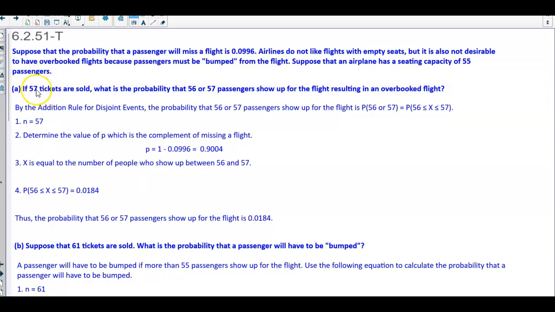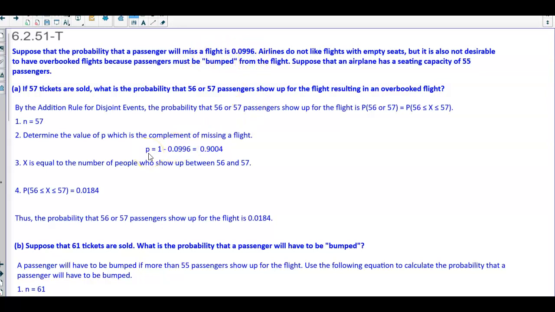Now, if 57 tickets are sold, then for step 1, n is going to equal 57. Now, we want to determine the value of p, which is the complement of missing a flight. The probability of missing a flight is 0.0996.